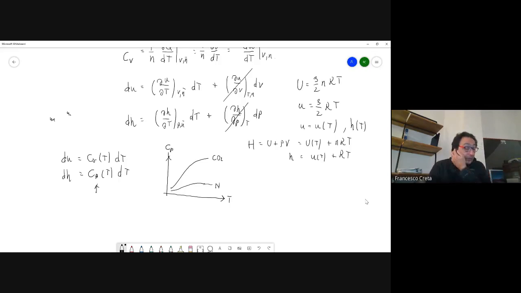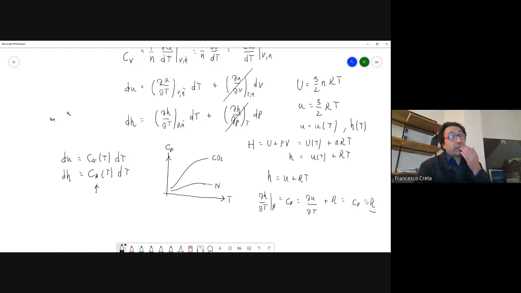And clearly we know that from this relationship, U plus RT, dH/dT at constant pressure, which is Cp, will be equal to dU/dT plus R. So we have Cv plus R. There is this difference between Cp and Cv simply because Cp is larger, given the capability of these systems to also do work towards the surroundings.